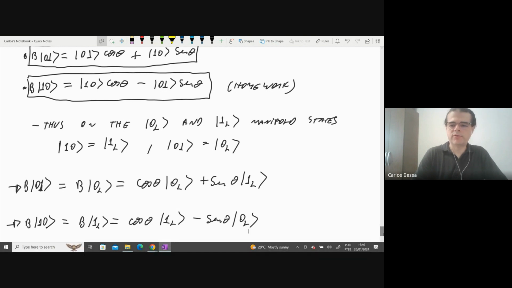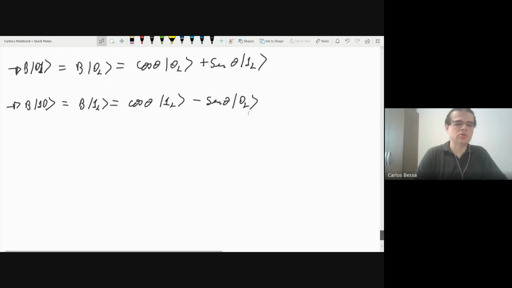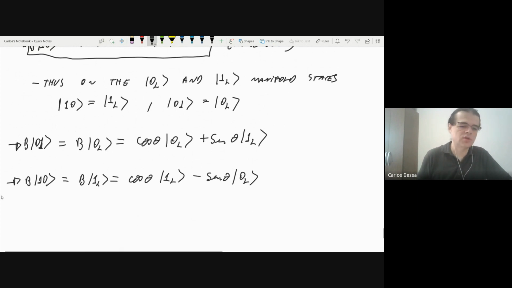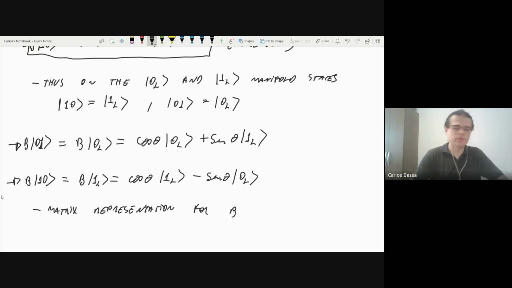And we could find the matrix representation for B in these logic gates now.